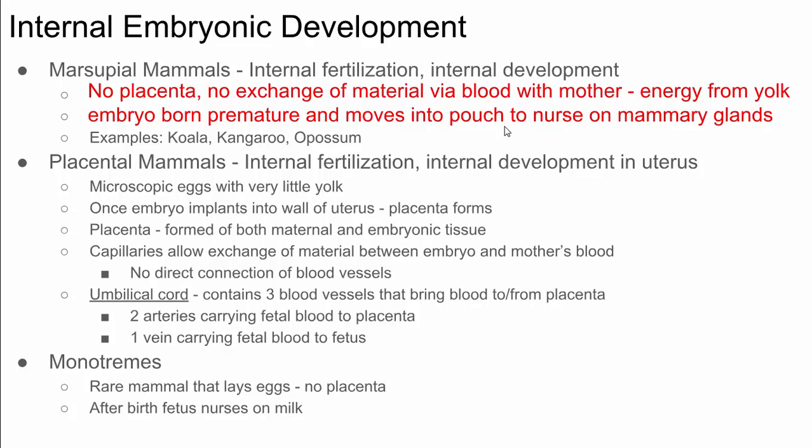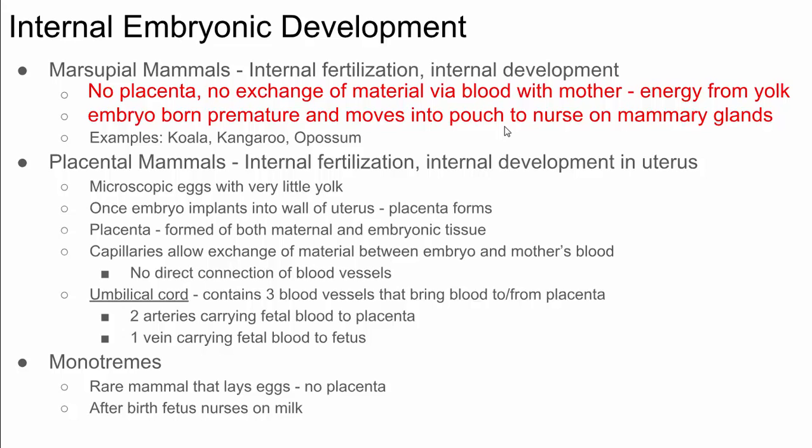That's extremely important. During the initial stages, after the zygote is produced, there is a very small amount of yolk to provide the energy to divide and grow. Once that embryo makes its way into the uterus, it attaches to the wall of the uterus. And that's where the placenta forms.